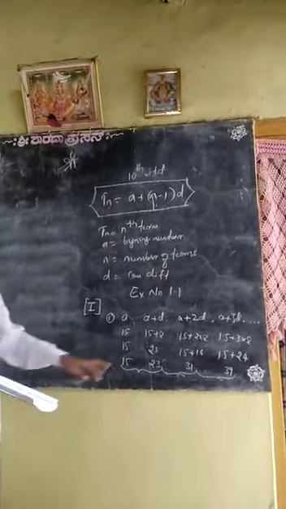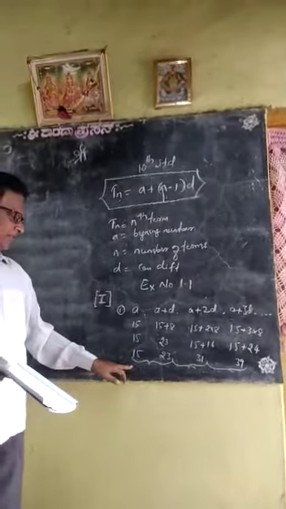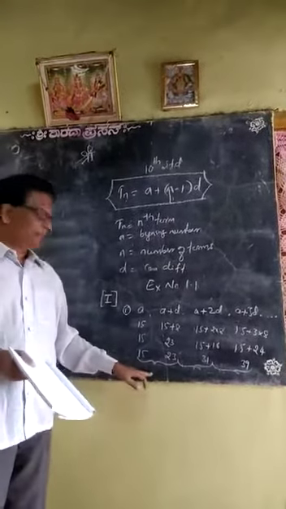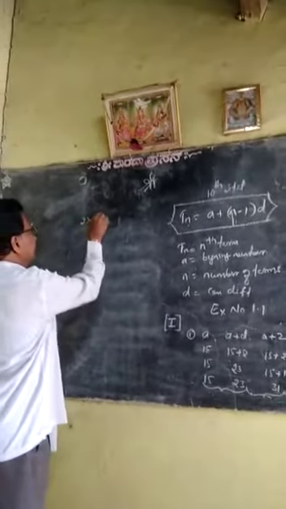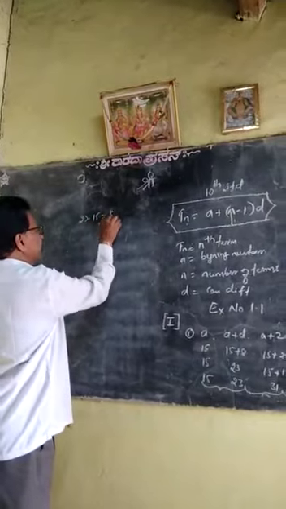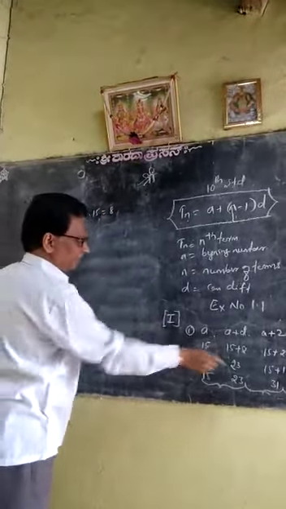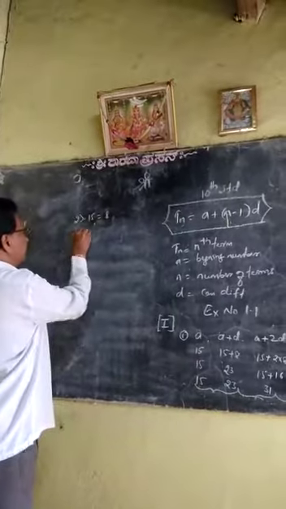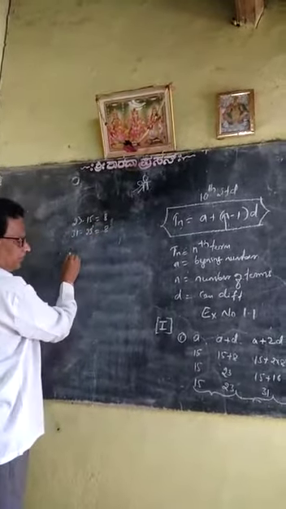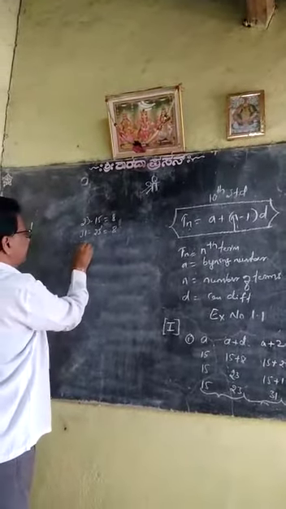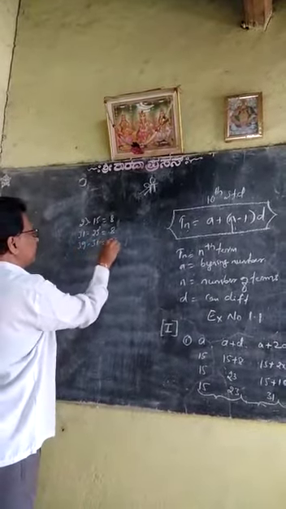See, the common difference between these terms is equal. Here you see 23 minus 15 is equal to 8. In the same way, 31 minus 23 is equal to 8, and 39 minus 31 is equal to 8.